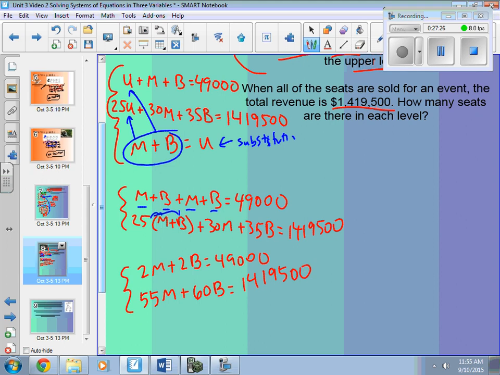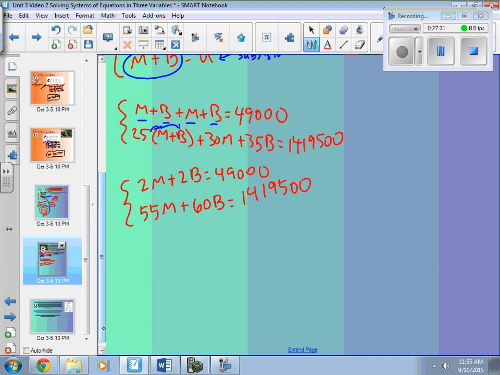Now this becomes an elimination one like we did yesterday. Figure out something you can multiply by to do this. Looks like maybe we can multiply the top one by a negative 30 and our b should eliminate there. So if we multiply it through by negative 30, that's going to be negative.